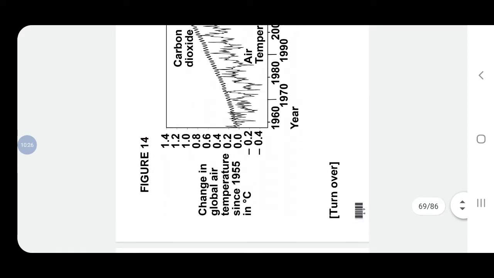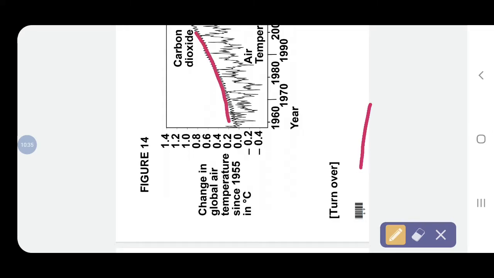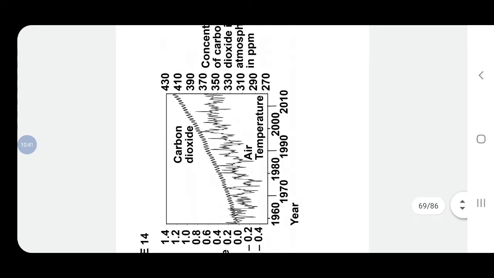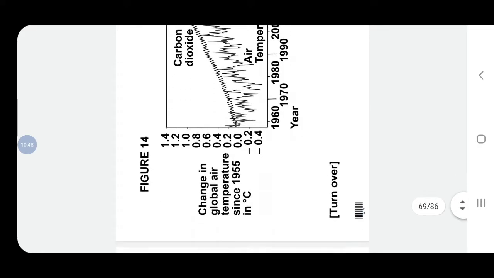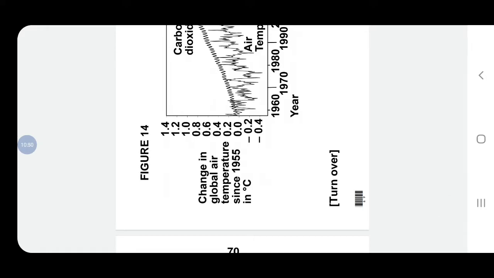First you analyze the diagram in figure 14. Here you can see carbon dioxide goes up, and here is a zigzag line, all right? So this is air temperature and carbon dioxide. This is not the same, but carbon dioxide is day by day increasing. Change in global air temperature, all right?